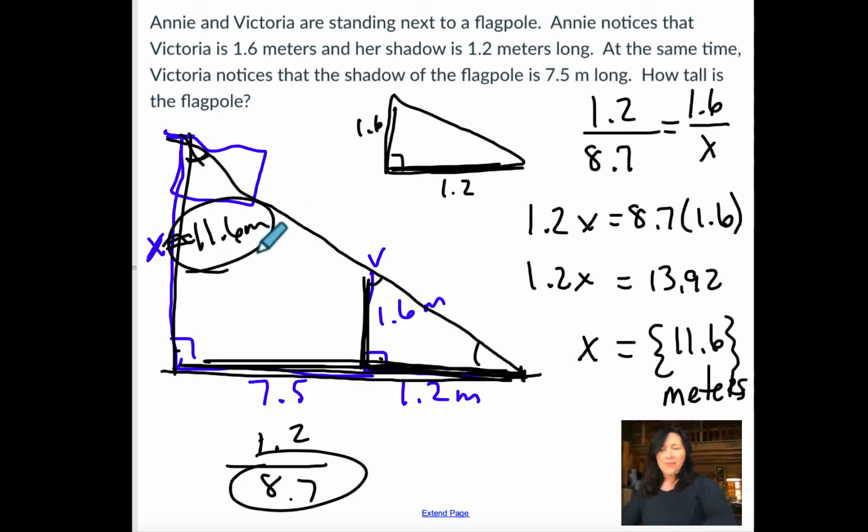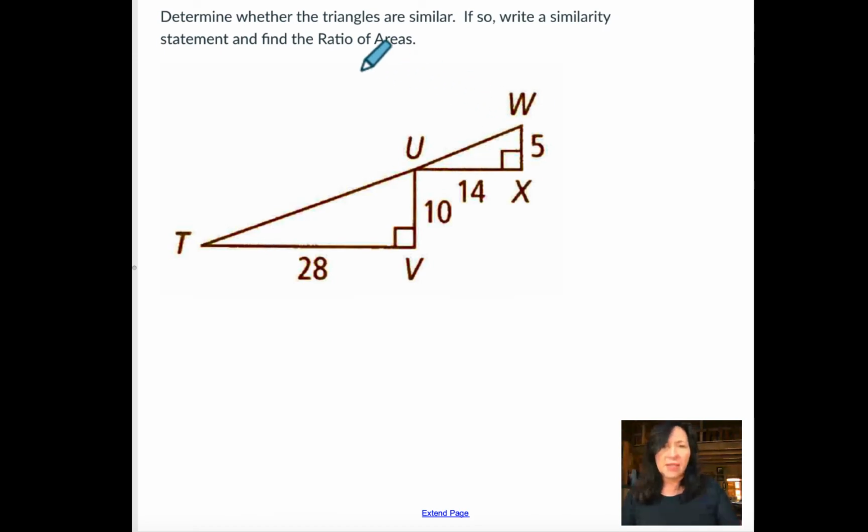All right, cool. This problem says determine whether or not the triangles are similar. If so, write the similarity statement and find the ratio of areas. So let's see, if they're similar, then the sides are proportional. So meaning 5 is to 10, so height is to height, right?